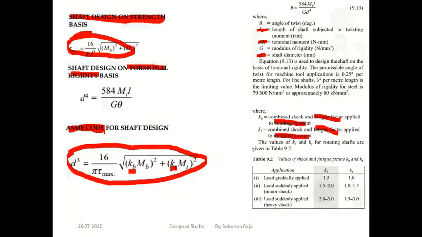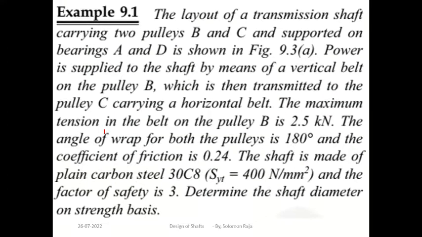Now we will solve one problem based on strength. So here is the question: the layout of a transmission shaft carrying two pulleys. I am using the Design of Machine Elements textbook, author Bhandari.